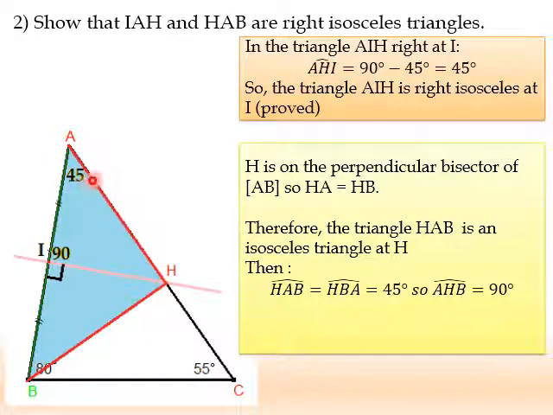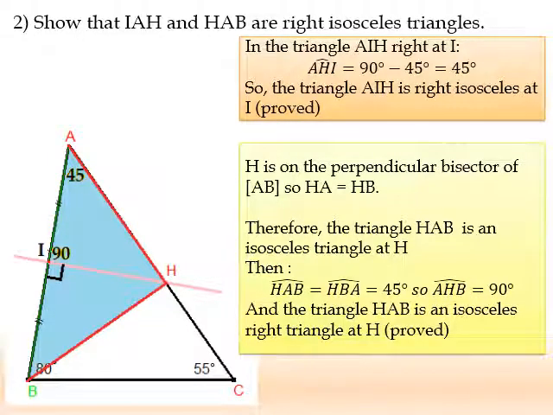It's 180 minus 45 minus another 45, or I can say 180 minus, in brackets, 45 plus 45. Again, it's correct. So AHB equals 180 minus 90 equals 90 degrees. So I'm talking about a right triangle and we proved it isosceles. Clearly, HAB is a right isosceles triangle with main vertex H.